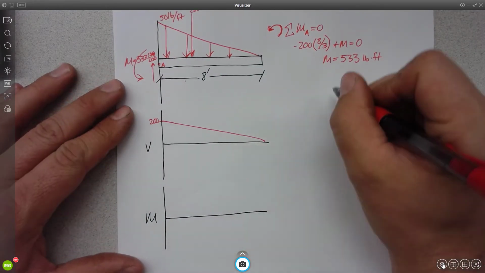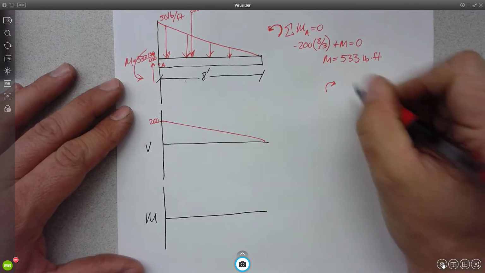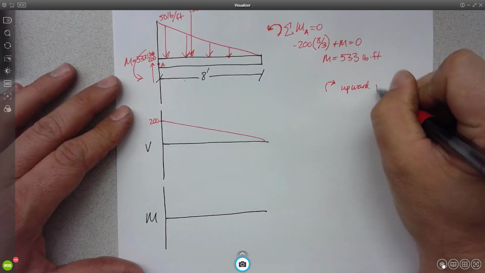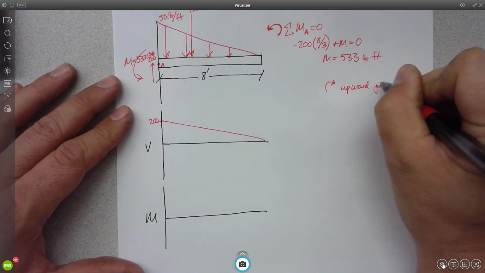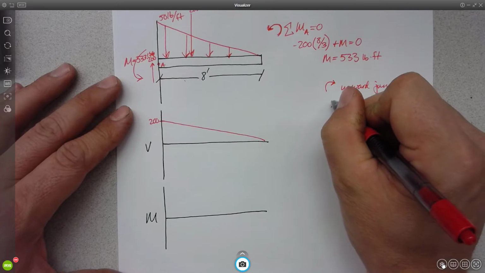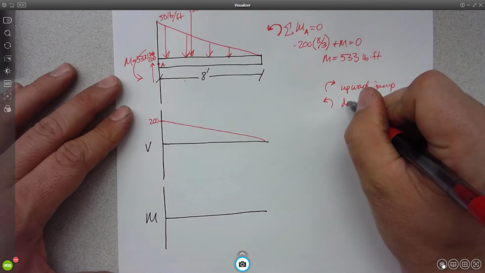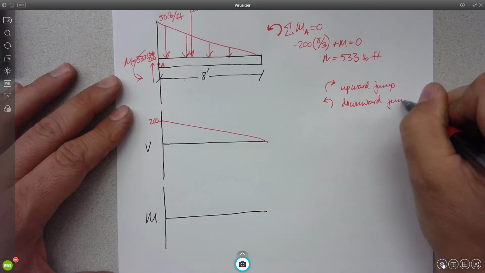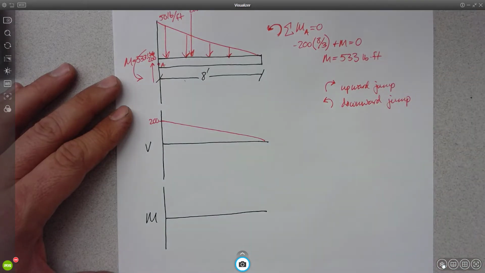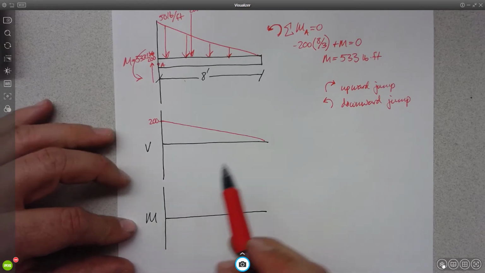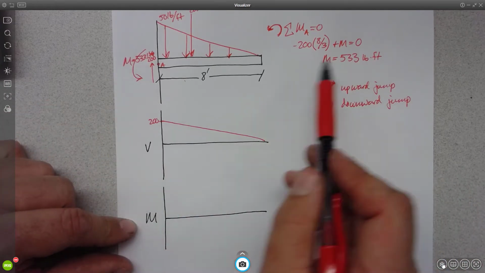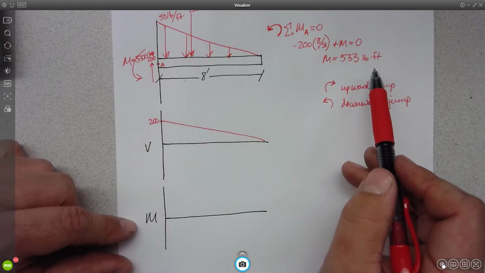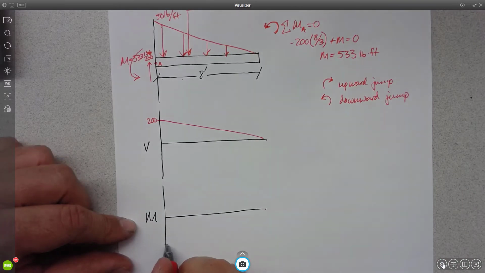And the rule is a clockwise moment causes an upward jump, and a counterclockwise causes a downward jump. So we just found that right here there is a counterclockwise 533 pound-foot jump. Goes down.